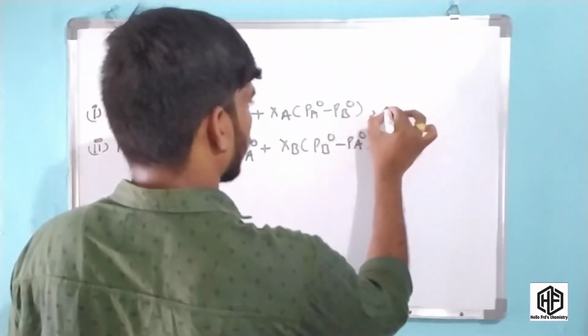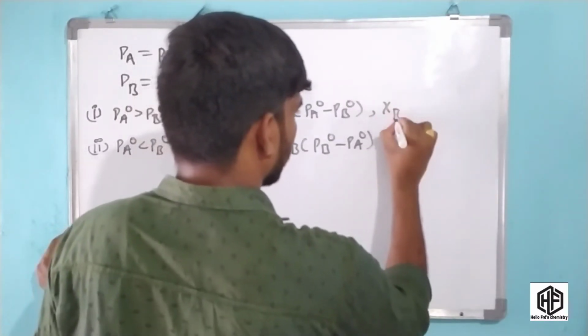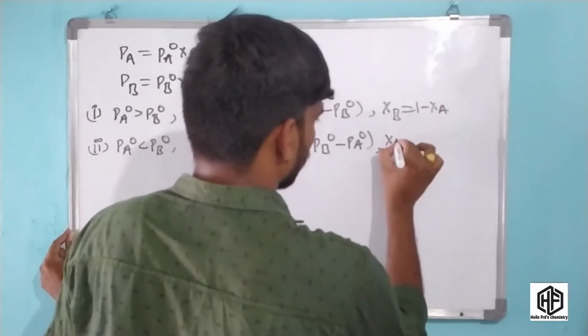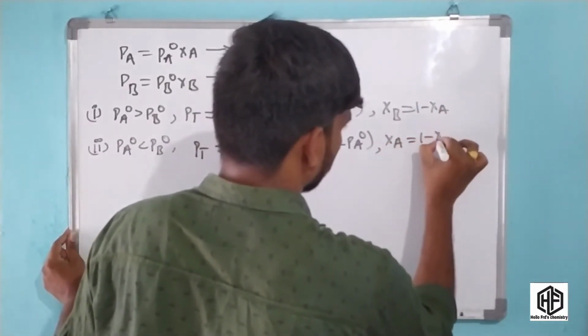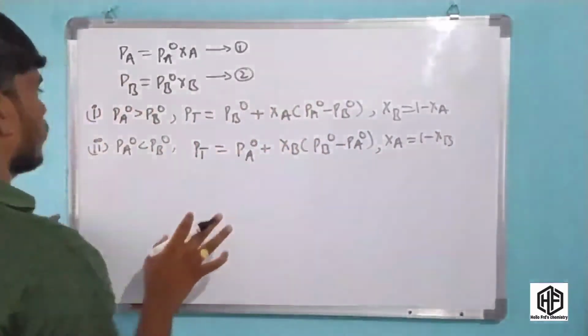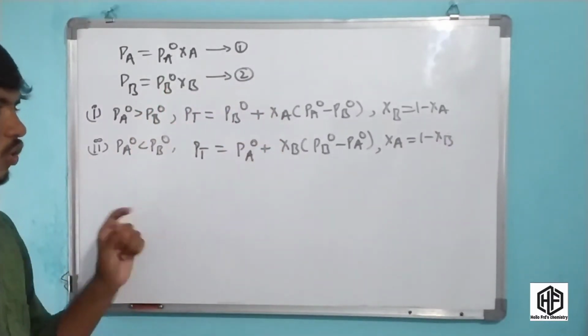In this case, we substitute the zeta B value: zeta B is equal to 1 minus zeta A. But in the other case, we substituted zeta A is equal to 1 minus zeta B. Okay, friends, these equations are present in the Raoult's law concept.